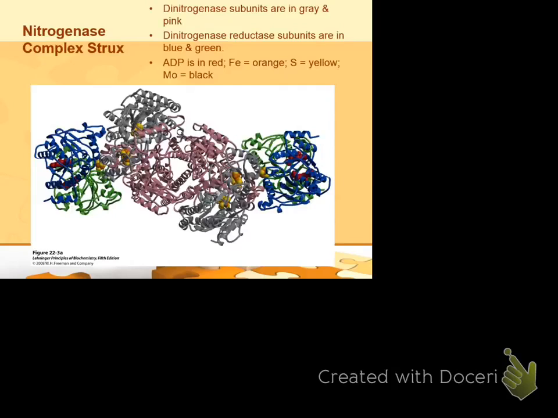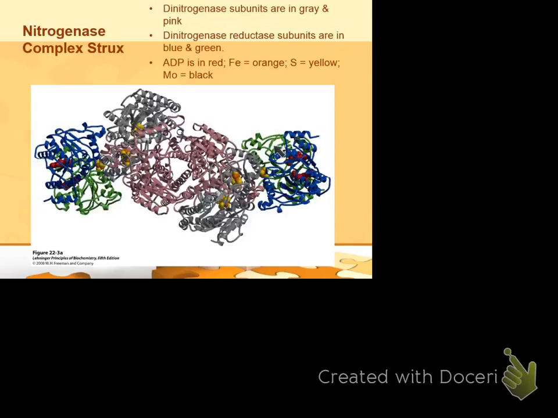So I hope you can tell the colors. They're the dark ones and the light ones to me. Now I can tell the blue. So I know the blue and the green ones are the reductase. So the dinitrogenase and the dinitrogenase reductase actually form this huge complex. And so the blue and the green are the reductase, which should be on the outside, so to speak.